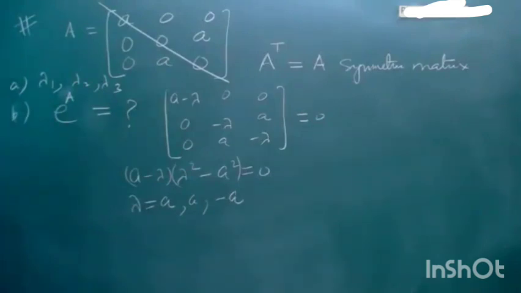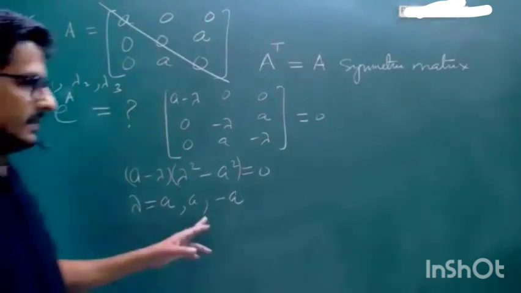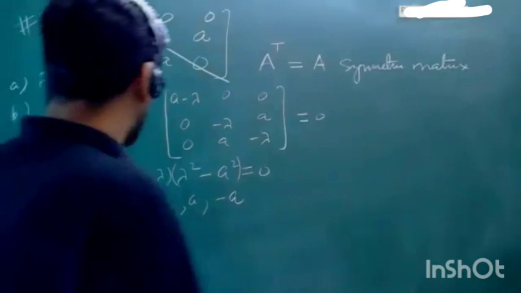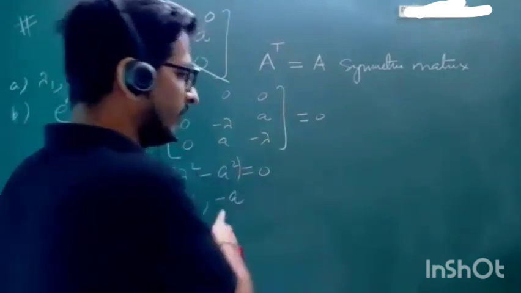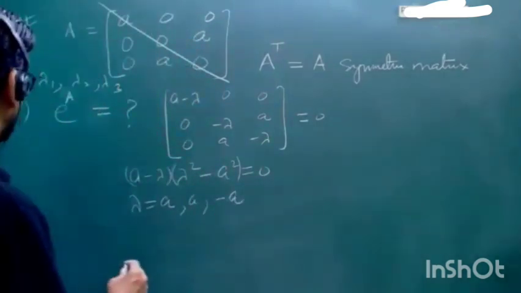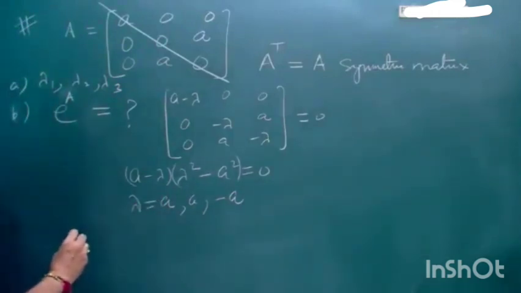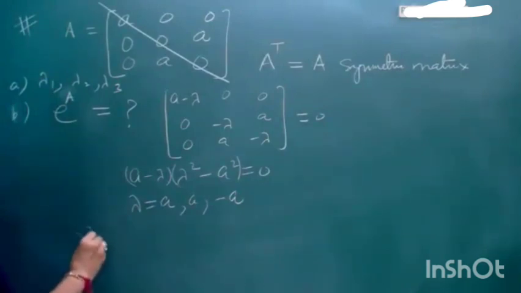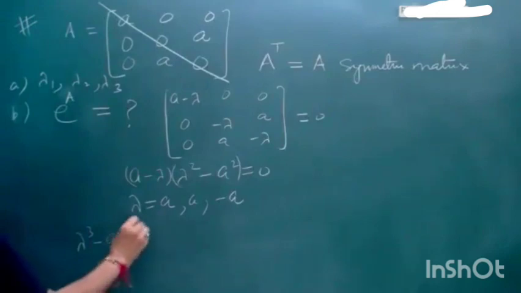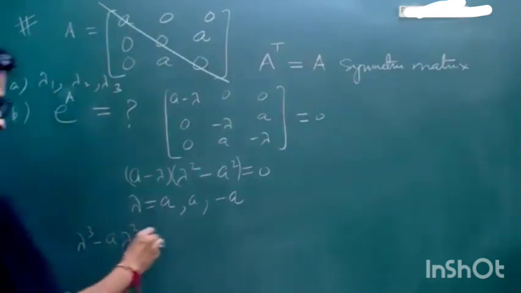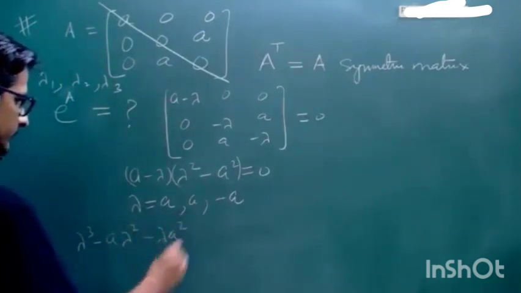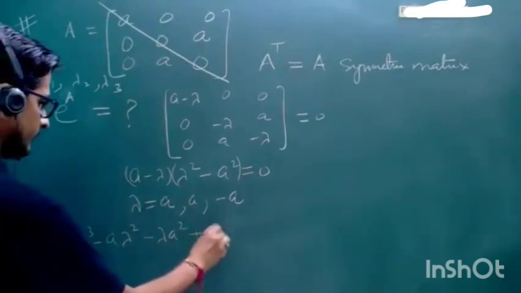And one question may be asked, let me tell you. जल्दी से मुझे वो फॉर्म जो मैं लिख रहा था, actually there was a purpose behind that. In the form of lambda cube: lambda cube minus a lambda square minus lambda a square plus a cube equal to 0.